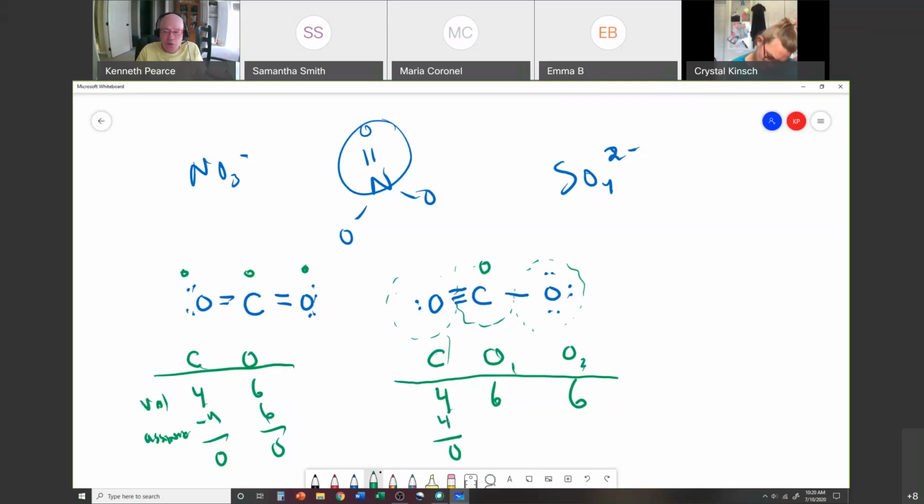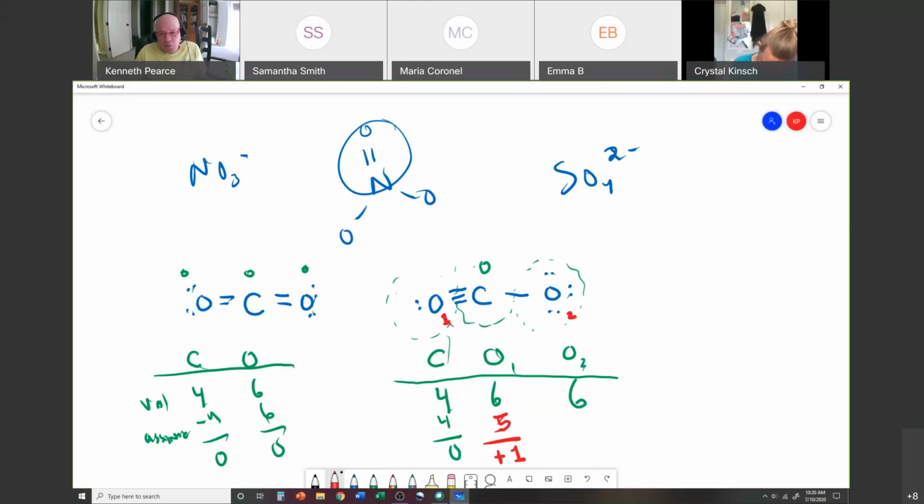If you take a look at this, let me change the color here so it's more obvious. We're going to call this oxygen number 1, and we're going to call this oxygen number 2, okay? So oxygen number 1, what do we have? We have 1, 2, 3, 4, 5. We have 5 assigned. That's +1.